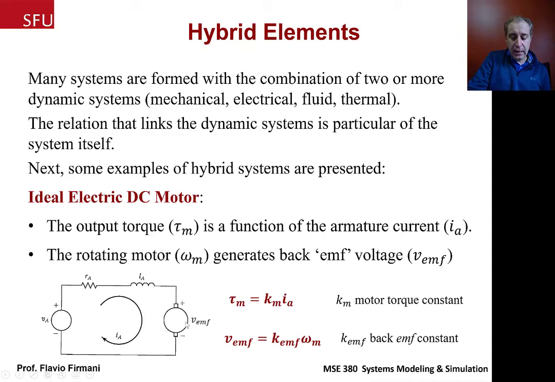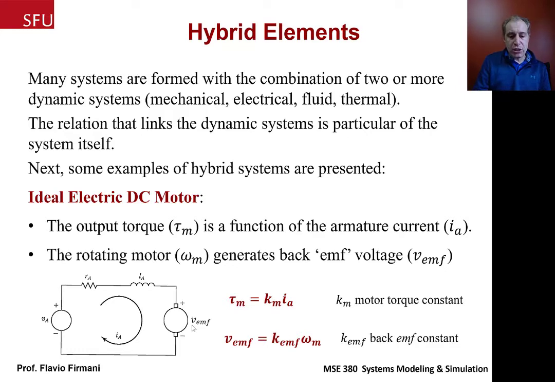On the other side, we have the rotor of the motor, which is a rotational mechanical system. The through variable for the rotational mechanical system is torque, and the cross variable is angular velocity, whereas for the electrical circuit, we have current and voltage.